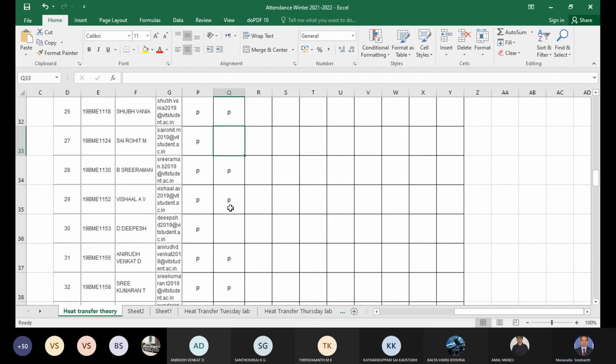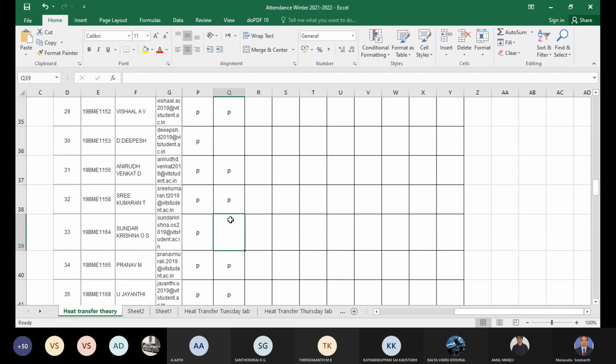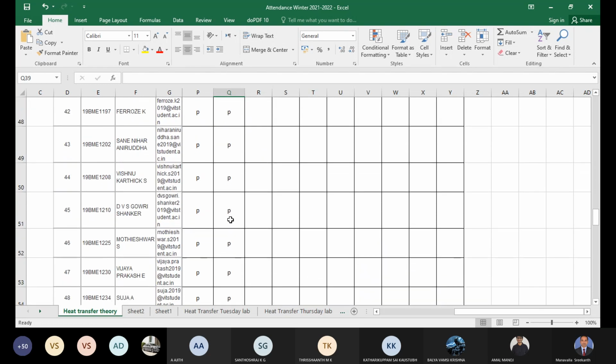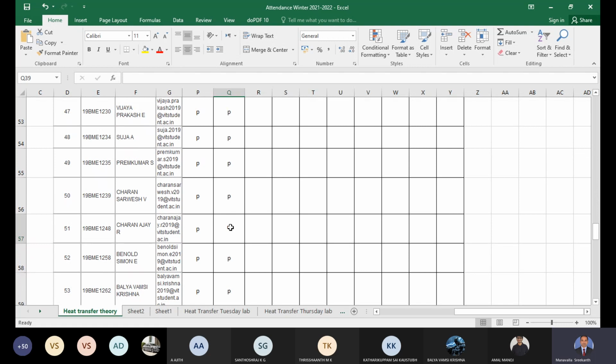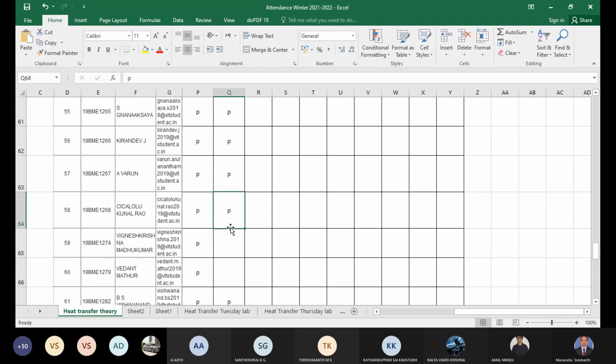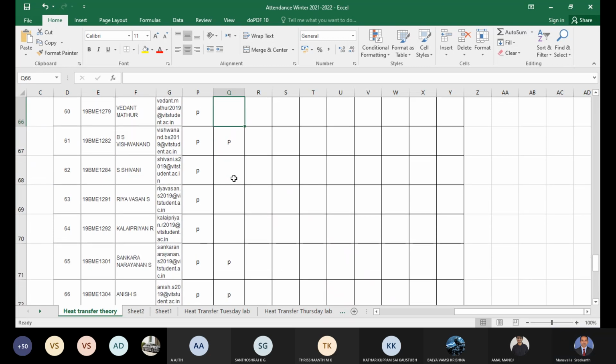Sai Rohit, sir, he has texted in the chat box. Deepesh, Sundar Krishna, Sharan Ajay, Vignesh Krishna, Vedant Madhur, Shivani, Riya Vasan, Kalaipriyan.